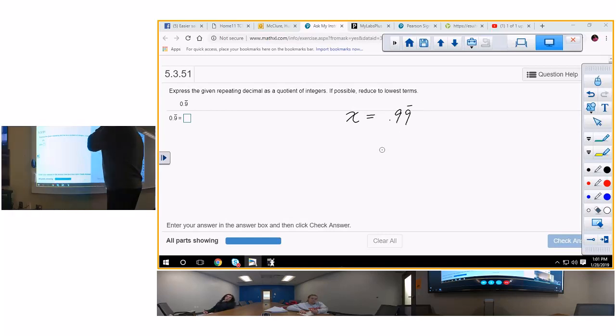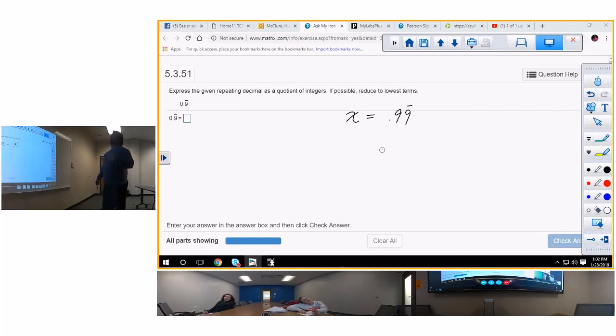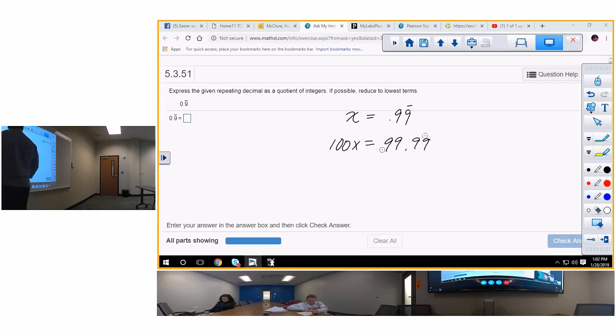Everybody with me? Now, I can multiply that by 100. Okay, everybody with me? And I'll have 100x is equal to 99.99 repeating. Everybody got it? Now, subtract those two from each other.